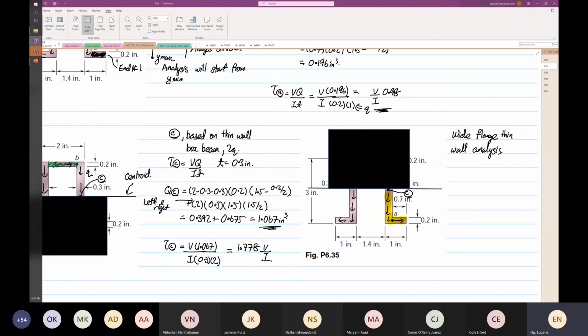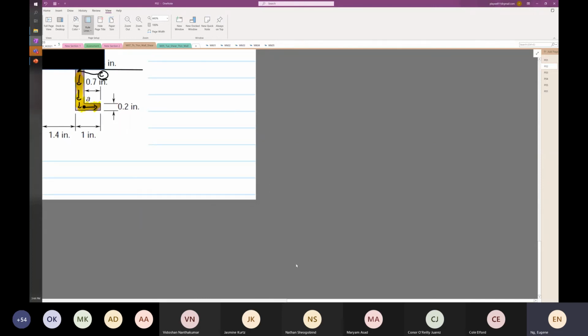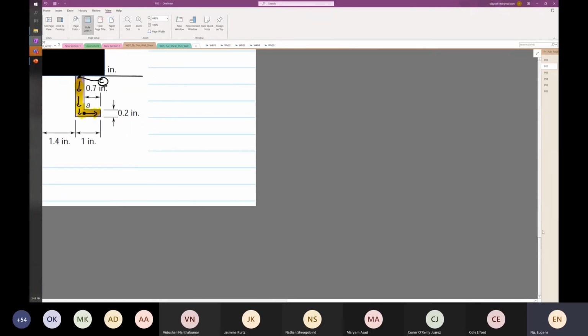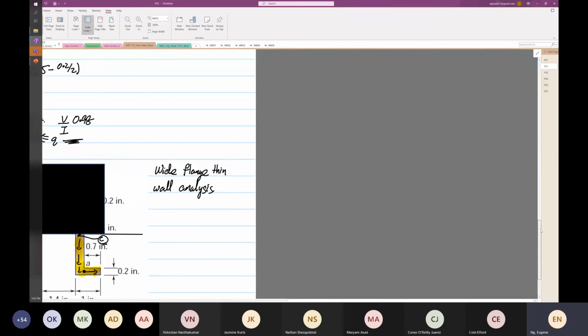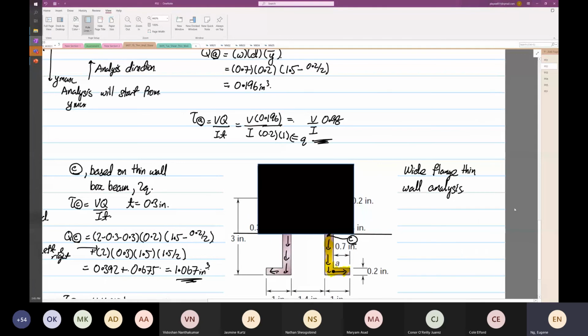The one on the left hand side, you can ignore it. Why? They have a different start point, and they have a different what? End point. Yes or no? Apologies, let me adjust the screen so you can see. They have a different start point, and they have a different end point, as you can see.